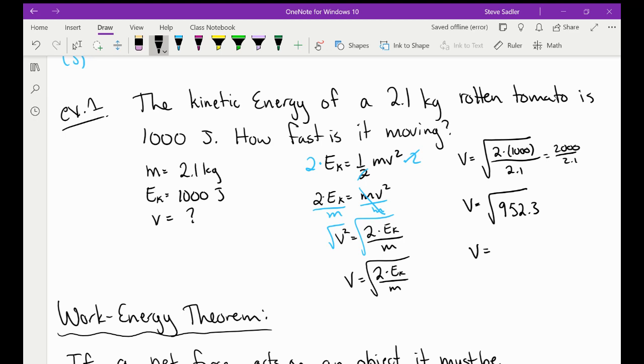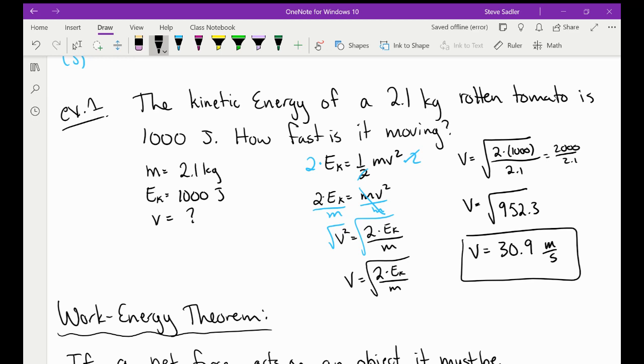Then we square root that, and we have a velocity of 30.9 meters per second. So that's a pretty fast moving tomato. If it hits you, it's probably going to hurt.